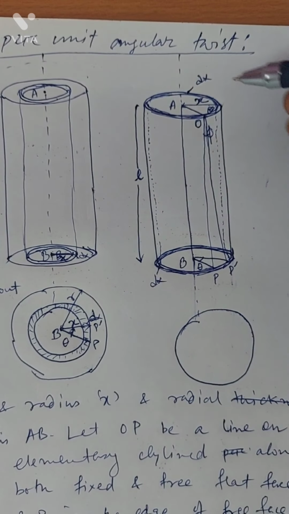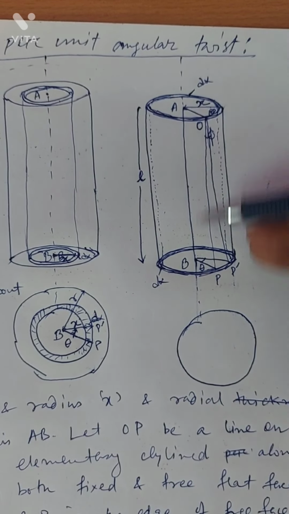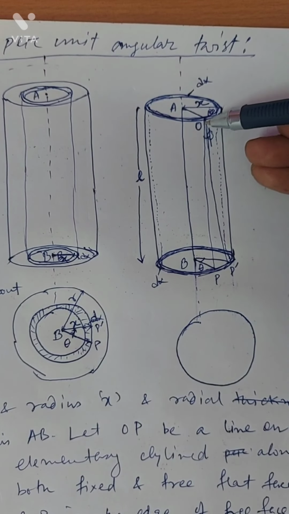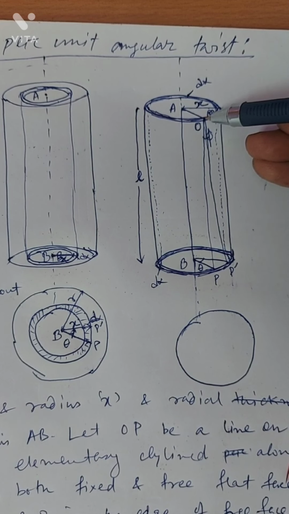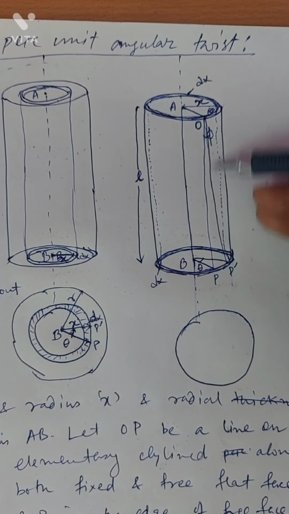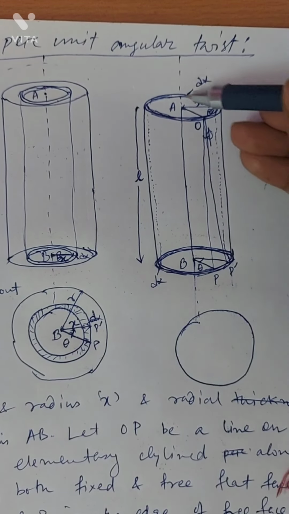Now between these two faces, if we draw a perpendicular OP, O is a point on face A, P is the point on face B, and OP is perpendicular to both surfaces.